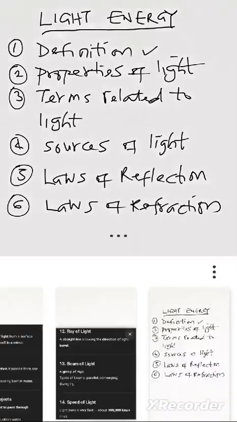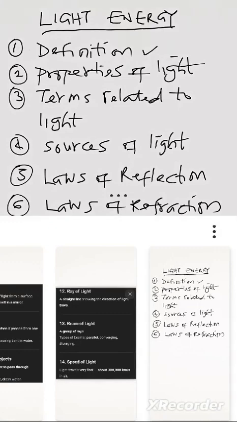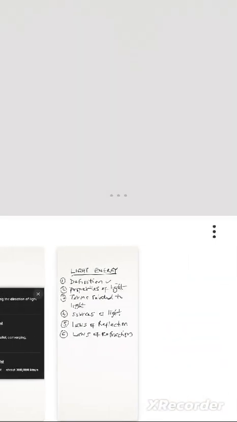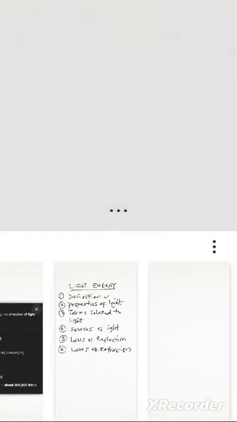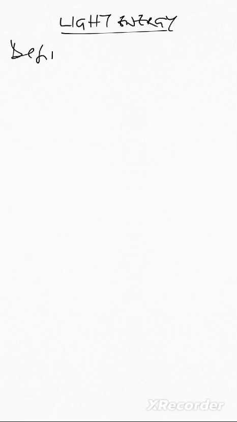Light energy. We are talking about the definition now. You are expected to know how to define light energy. In fact, let me just go to your notes where it was defined.